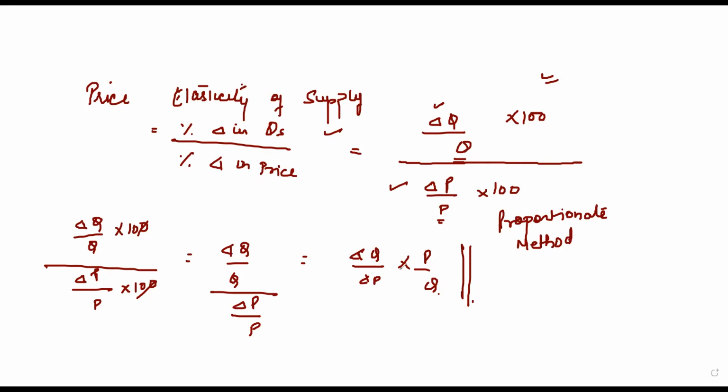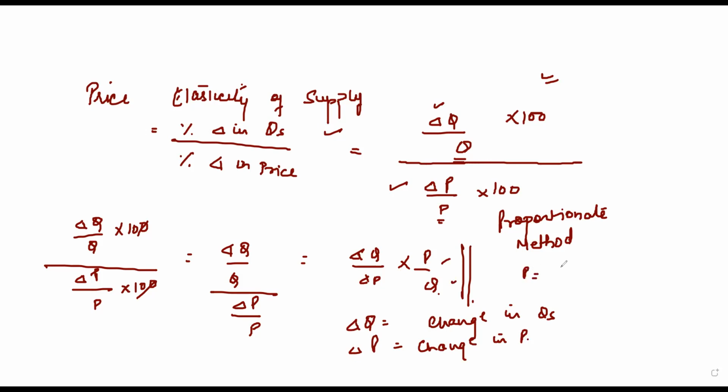You know what is delta Q now? Delta Q is the change in quantity supplied and delta P is your change in price, right? And what about this P and Q? You can also note that down.